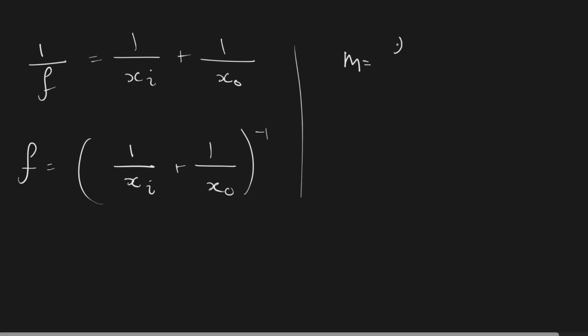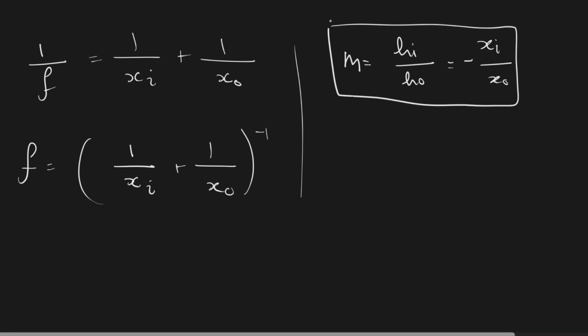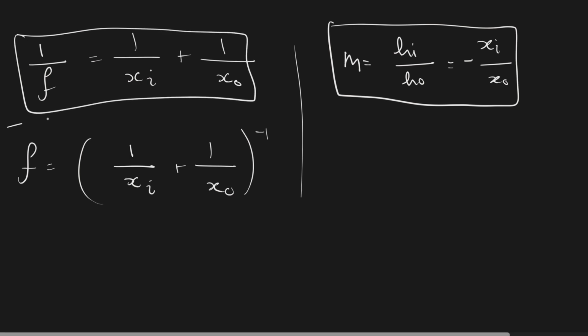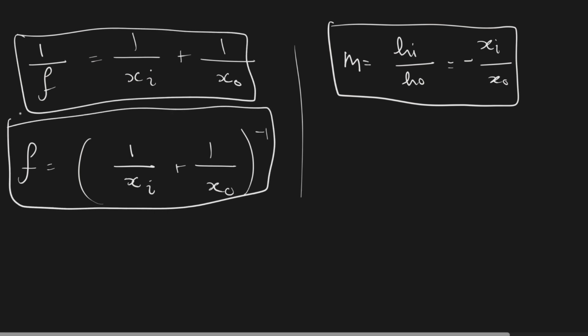So it is equal to h image divided by h of the object, the height basically, and it's equal to the negative distance of the image divided by the distance of the object. These are the equations that you really need to keep in mind. Either this one or this one, these are the exact same thing.